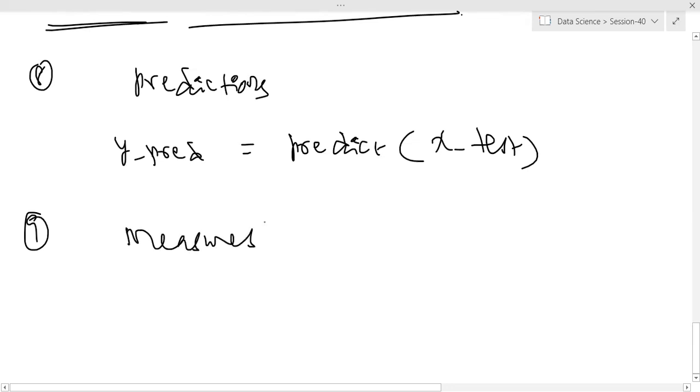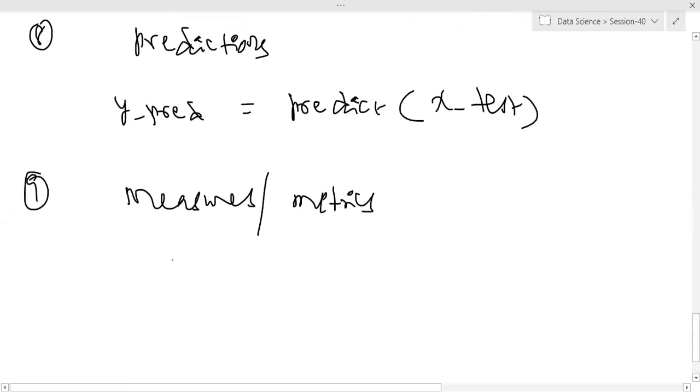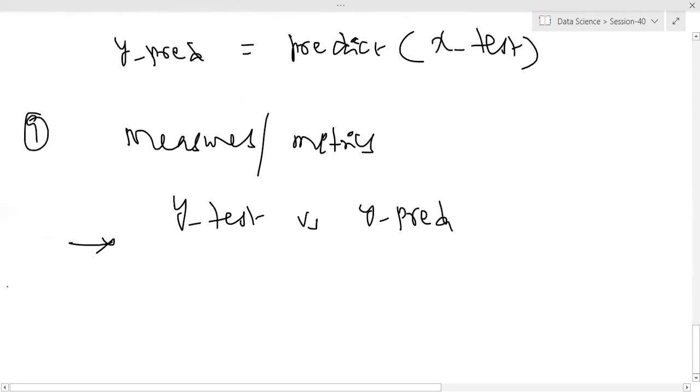Once we got this particular thing, next is, friends, measures or metrics. What we are doing here, friends, in the metrics or measures? We are going to establish a kind of relativity between Y test and the Y pred. Okay, and this is your inference actually.